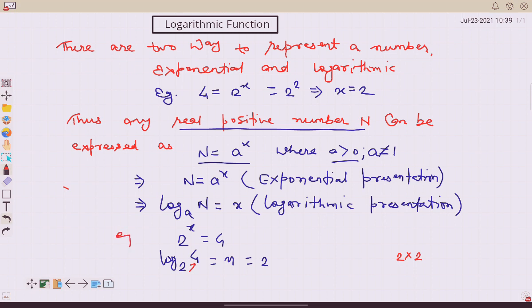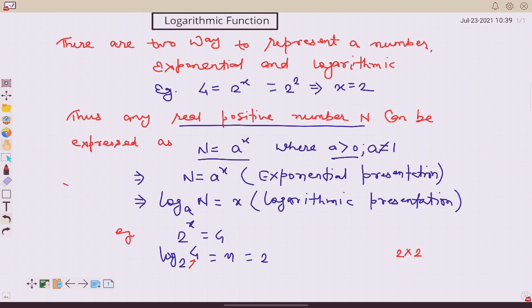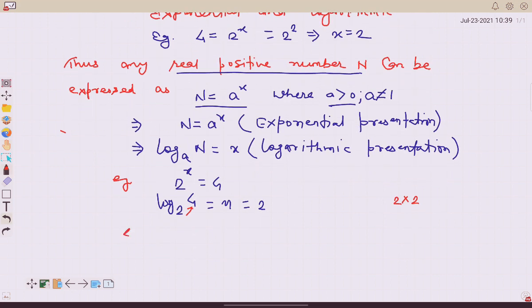Some more examples. If we take 10 raised to the power 3 is equal to 1000, then how can we write this in the form of log? We can write log 1000 with base 10.